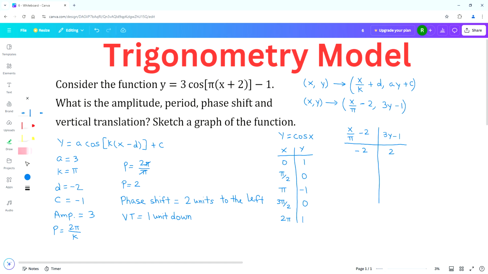Pi over 2 over pi is equal to 1 over 2. One over 2 minus 2 is equal to negative 3 over 2. The common denominator is 2. That's how we get negative 3 over 2.